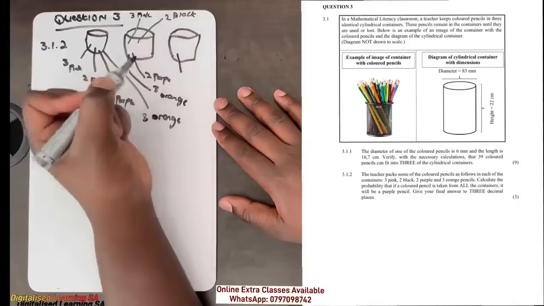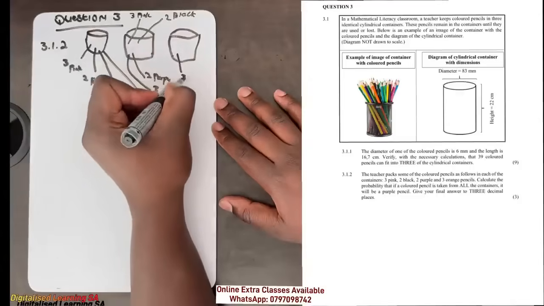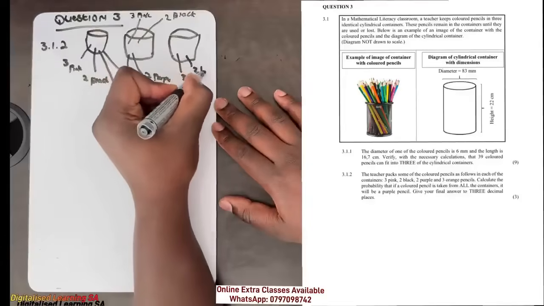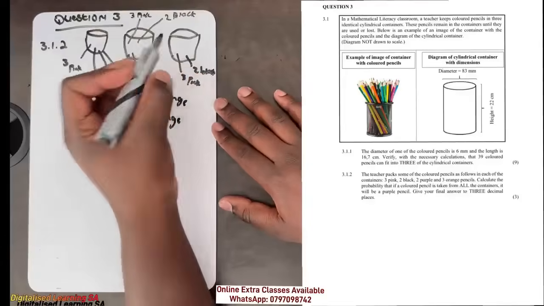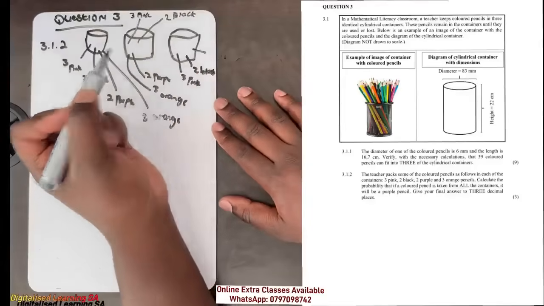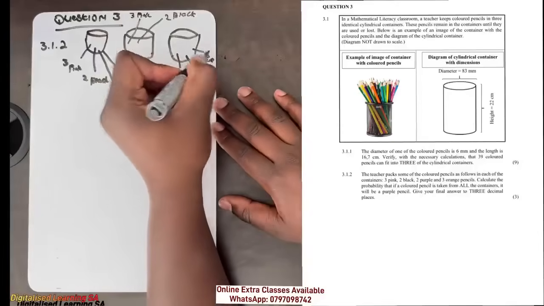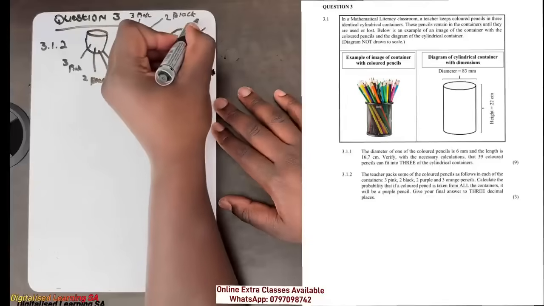So even here, same thing. We have 3 pink, we have 2 black, we have 2 purple, and then we have 3 orange.